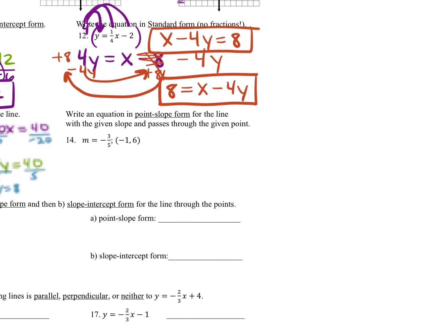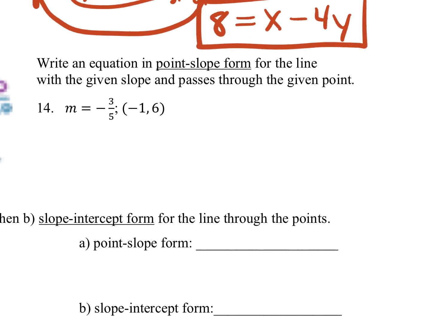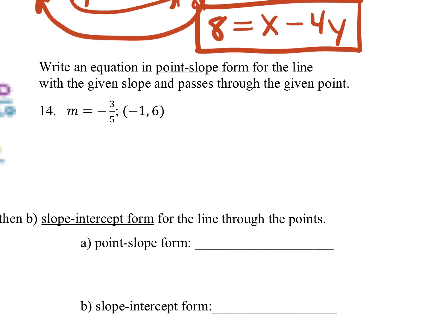All right, number 14. This says write an equation in point-slope form for the line with the given slope and passes through the given point. So point-slope form is y minus y1 equals m times x minus x1. So this is about as easy as they come because they gave you the slope and they gave you the point, and it's just a matter of plugging it in. So this will be your x1 and your y1.